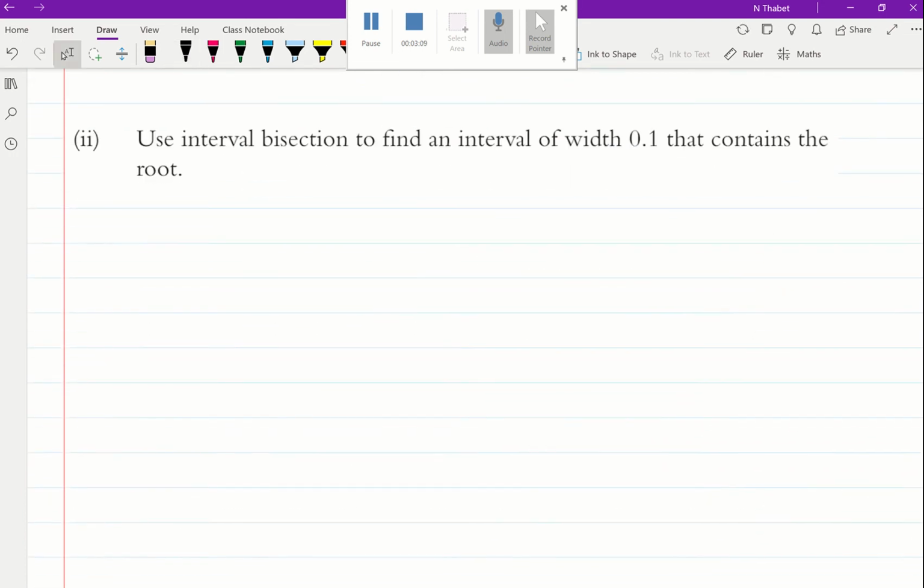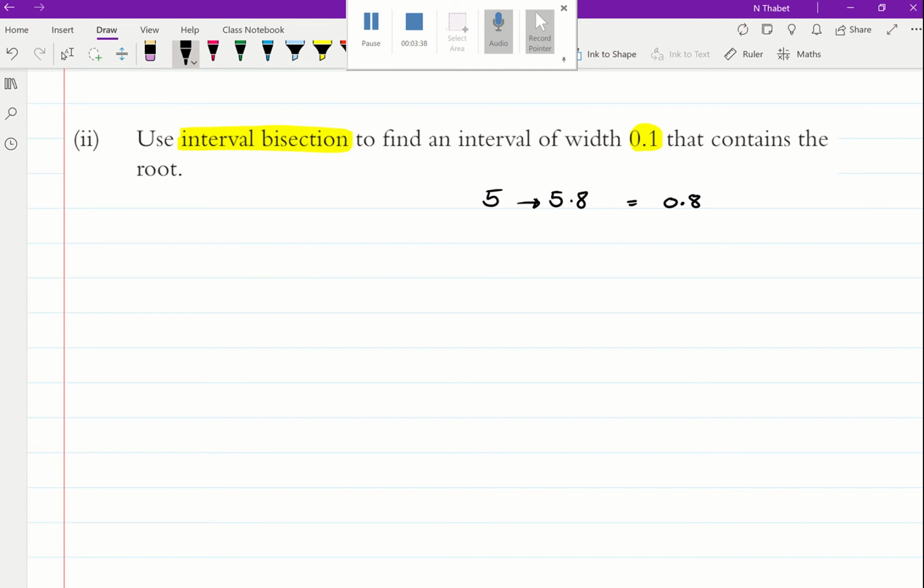Right, part B or part 2. Use interval bisection. So they definitely tell you which method they want you to use. Use interval bisection to find an interval with width 0.1 that contains the root. Now, what does this mean? The interval from 5 to 5.8 has a width of 0.8.